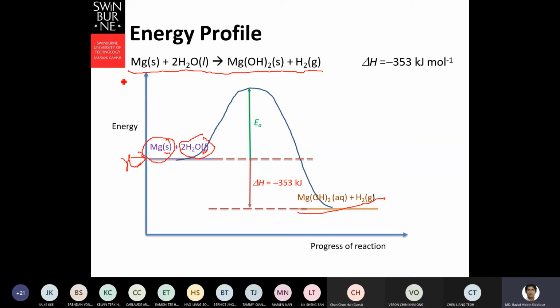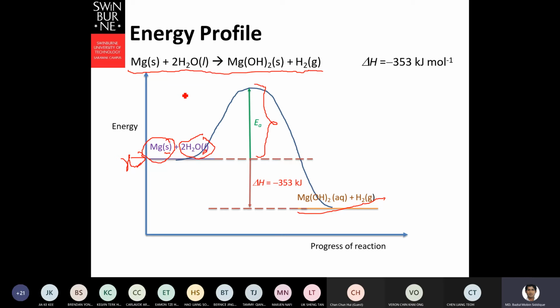The reaction has to overcome a hurdle. Both reactants, magnesium and water, will mix together, but still they have to cross over to the product side. And what is that hurdle? That hurdle is called the activation energy.